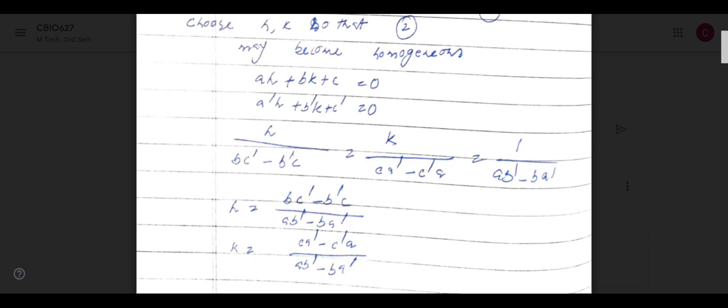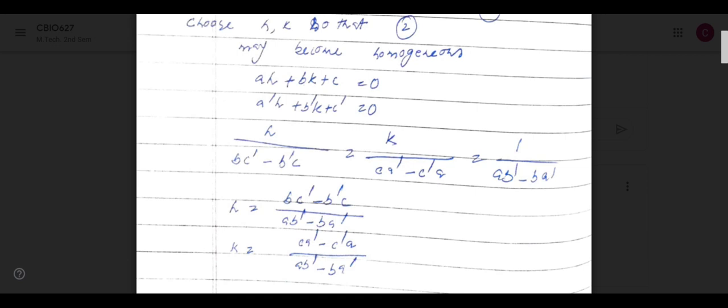Like h equal to bc dash minus b dash c over this one. I think I have learned this in school, or when we learn the matrix. How many of you understood this one? So our goal is to find out h and k from here. What is h? What is k?